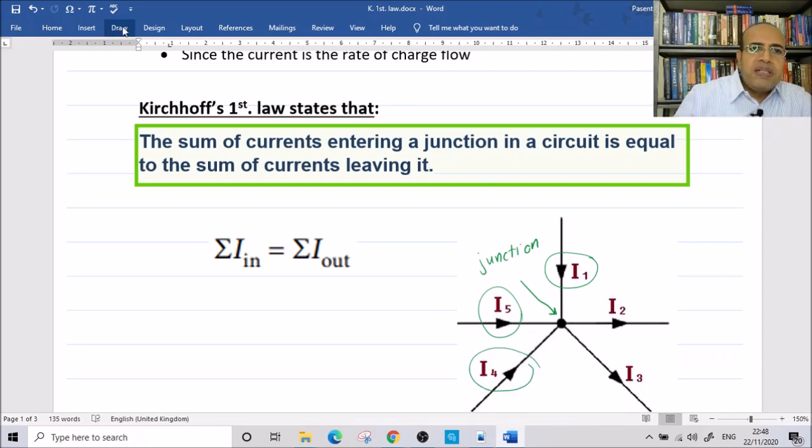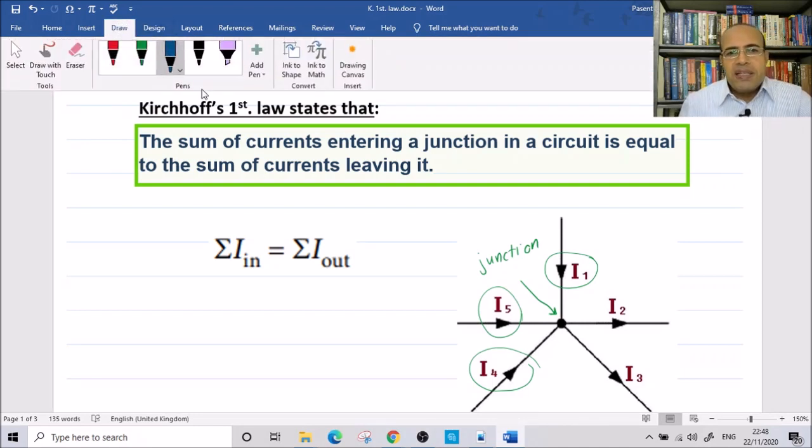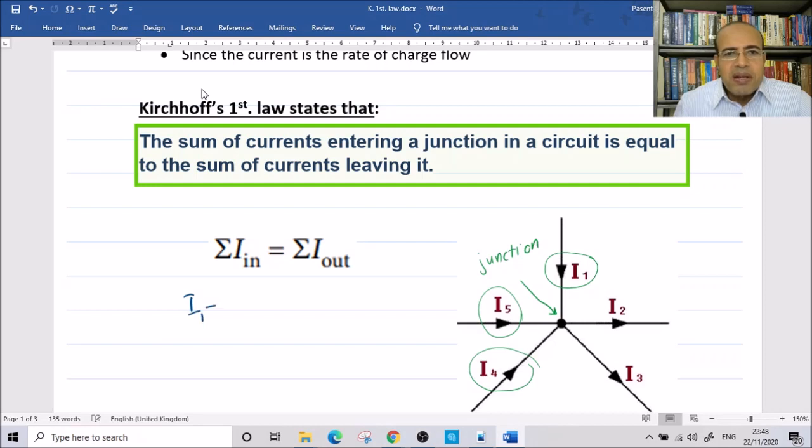So for this example, the sum of currents in, I1 plus I5 plus I4, equals the sum of currents leaving that junction, I2 plus I3.